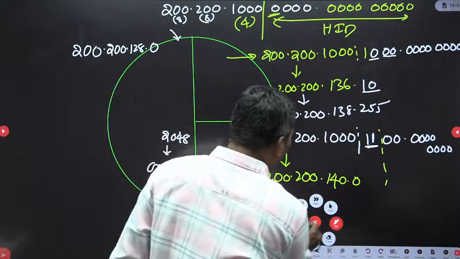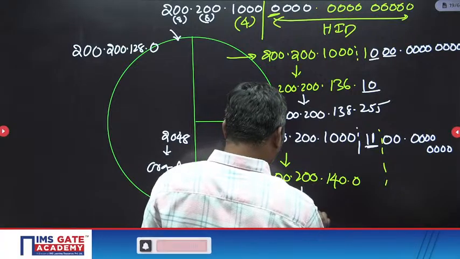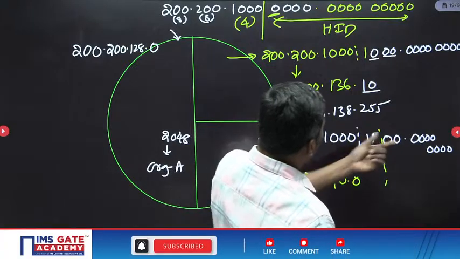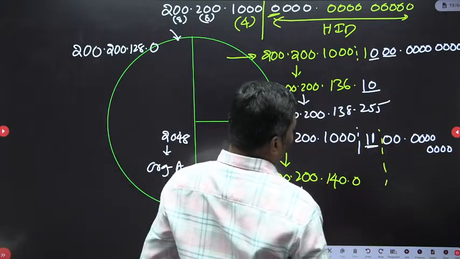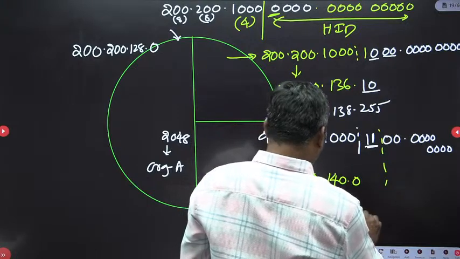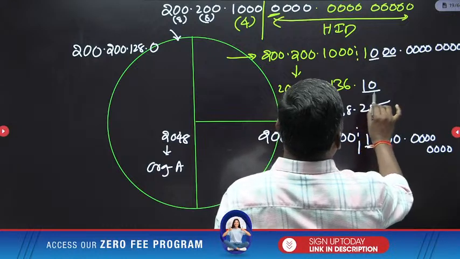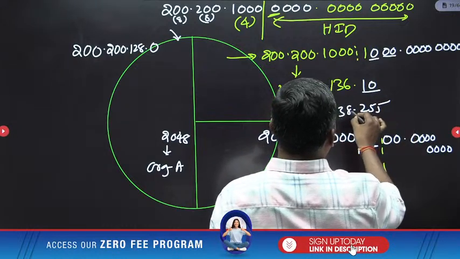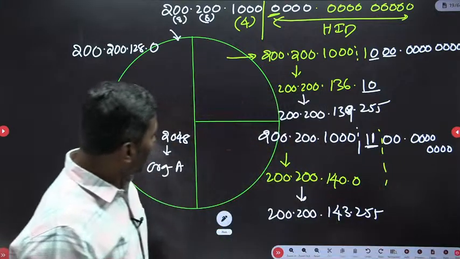So for 140, this can change, right? This can change by 3, so 143 dot 255 can happen. Check it, 138 only, is it? This will be 3, right? 3 means 9, this will go to 139, yes.